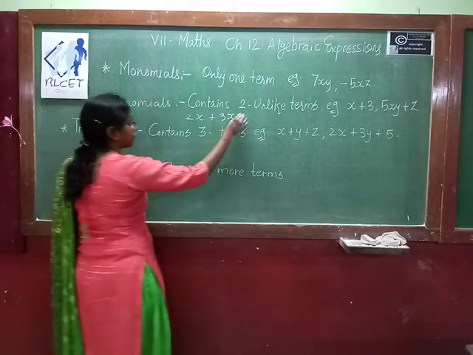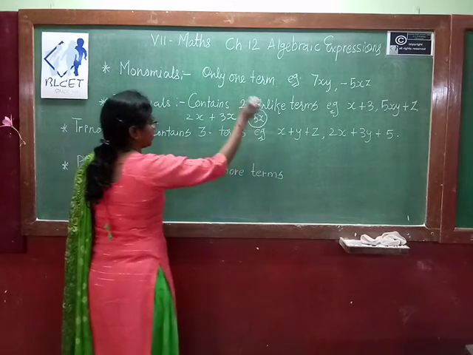Like terms, so it becomes 5x, so it is a monomial, it is not a binomial.